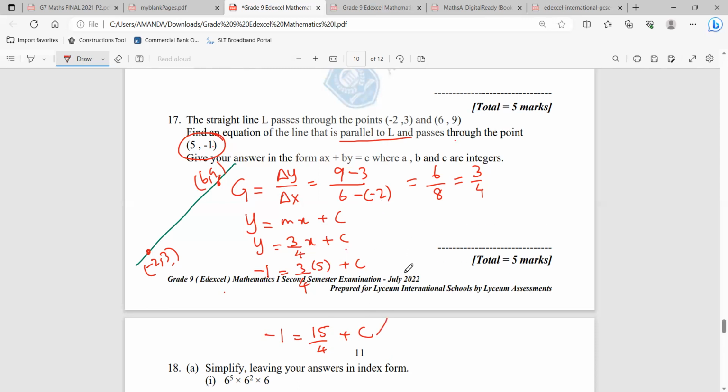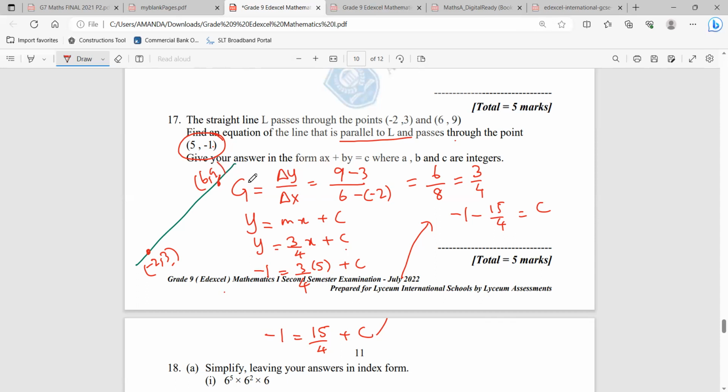So I'm going to write somewhere here. To find c, -1 minus 15 over 4 is going to be a negative number. Is my gradient correct? Because it's odd numbers, I just want to see whether my gradient is correct.